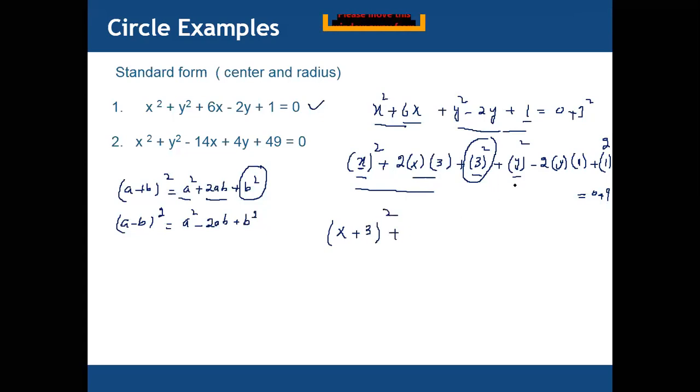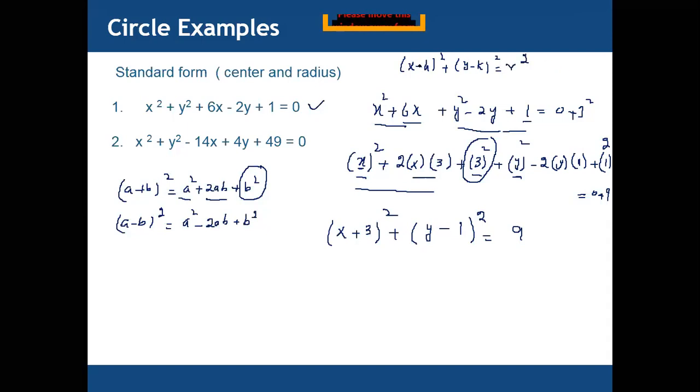Next one, minus formula, a minus b. So y is actually a, and 1 is b, whole square, equal to 9 or 3 square. Now we have this equation, x plus 3 whole square plus y minus 1 whole square. But we know that the standard form of a circle is x minus h whole square plus y minus k whole square equal to r square.